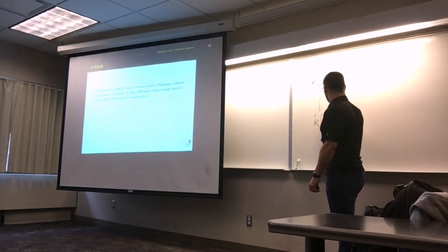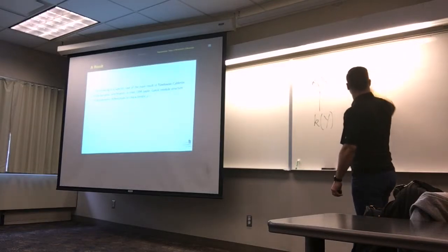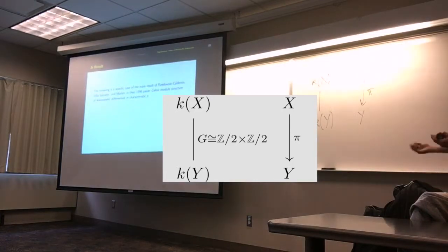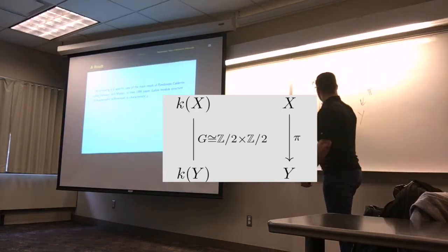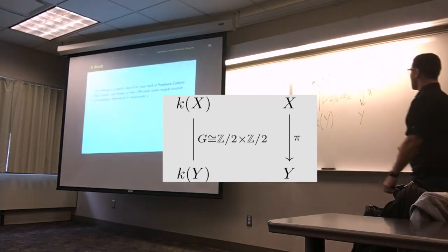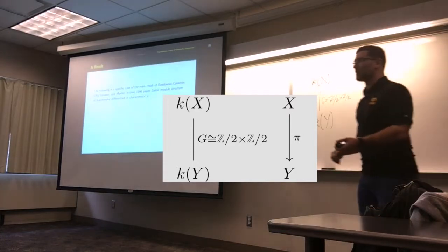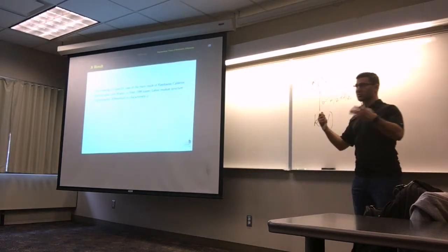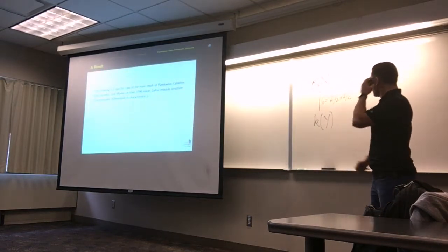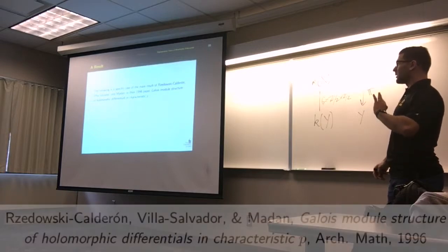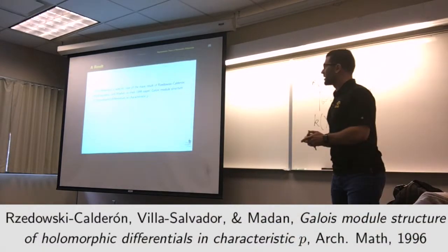We have this field extension k(X) over k(Y), an extension of fields with Galois group G. And again, for me, this is going to be Z mod 2 cross Z mod 2. And I want to compute the holomorphic differentials for this curve and compute its structure. Well, this has already been looked at in a more general case in 1996.